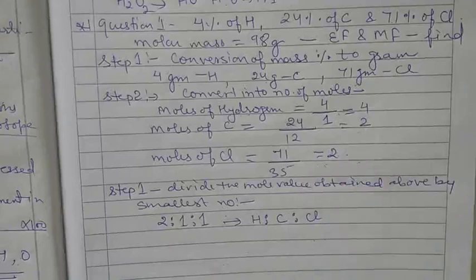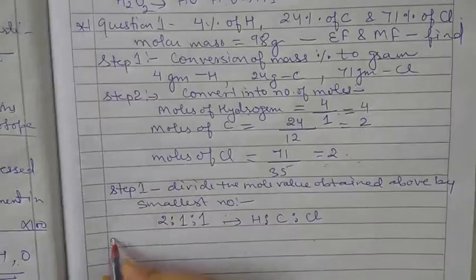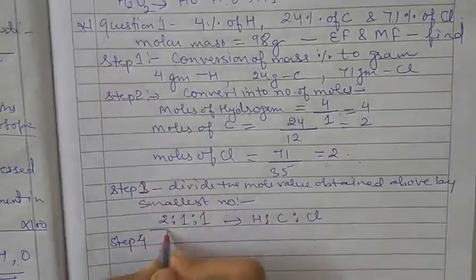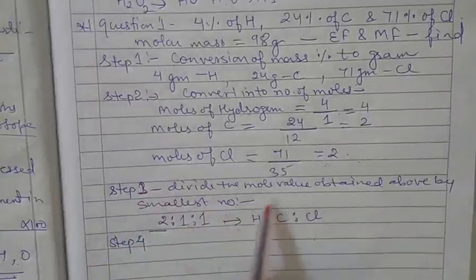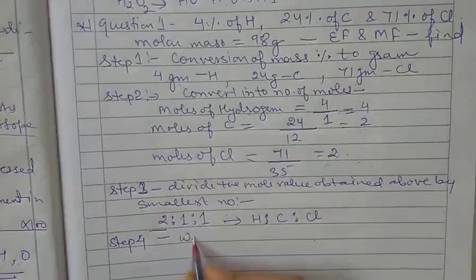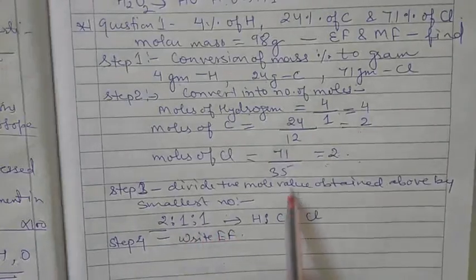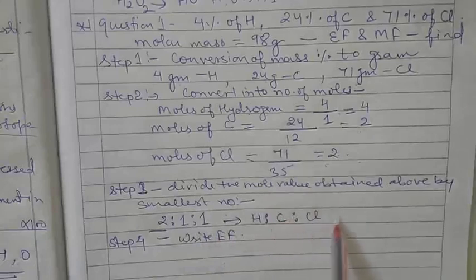Okay. So now step 4. Write the empirical formula by mentioning the number after writing the symbol.